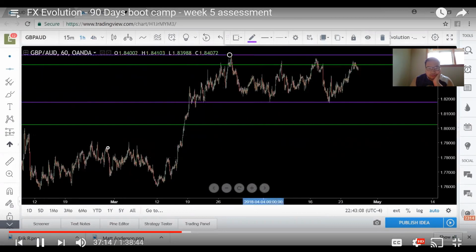Very good. I'll draw a trend line on the 1 hour. You're going to grab the trend line tool on the left-hand side.